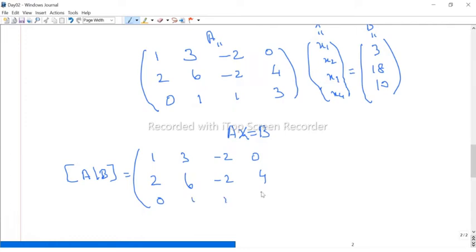This is A. Now we have to merge this B, that is 3 18 10. The last column we have to merge it.